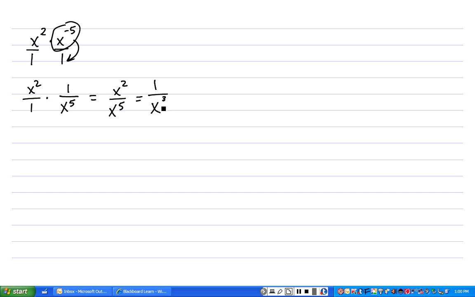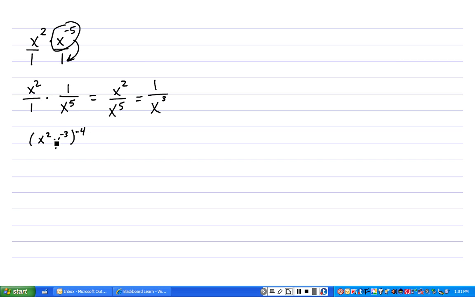Alright, let's look at another one. Let's look at one like this. Let's say we have x squared y to the negative third all to the negative fourth. Okay, now two ways you can do this.